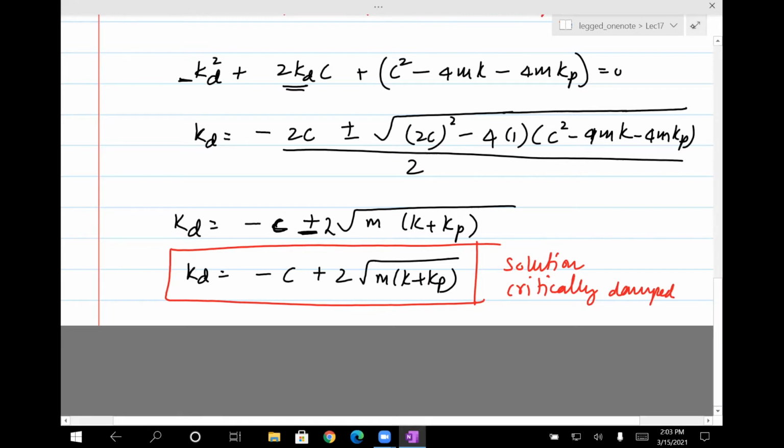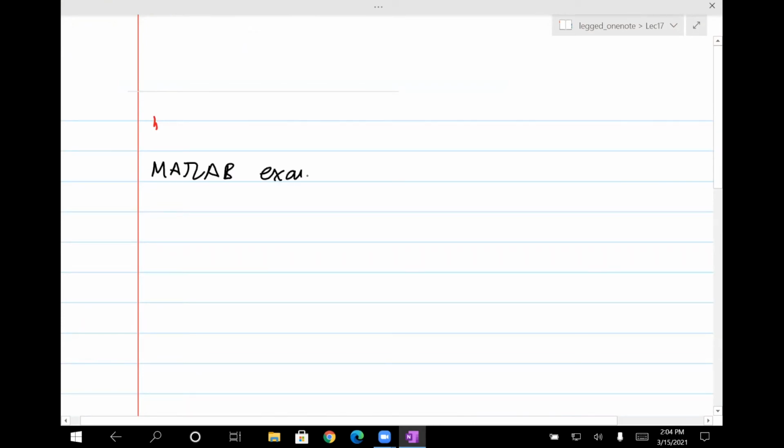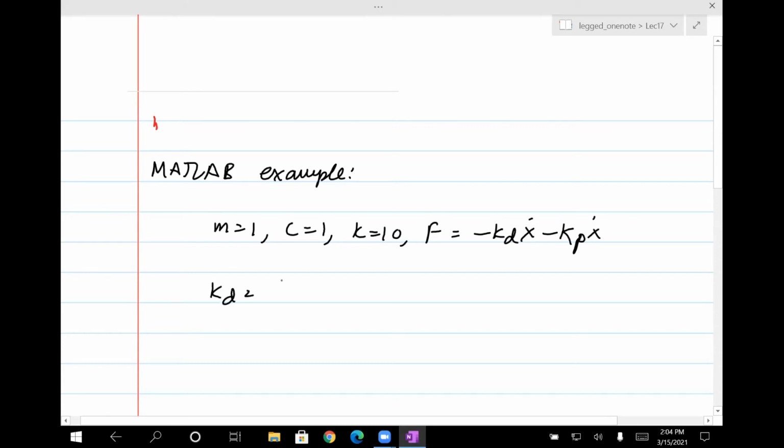Okay, so I'll show you an example in Matlab. We'll put m equals 1, c equals 1, k equals 10. We'll put f equals minus kp x minus kd x dot, with kd given by the formula, which gives us minus 1 plus 2 square root of 10 plus kp.